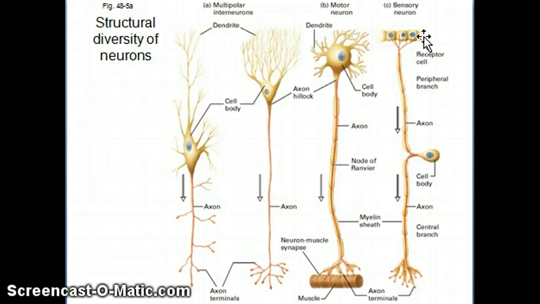And sometimes they'll actually even just have one dendron there to receive a signal so that we get a very specific signal from that sensory neuron. And you'll see in this case the cell looks quite a bit different from a motor neuron because we actually have the axon come off from the receptor portion, and then the cell body is found somewhere in the middle. And then we have the axon continue, and then again we have our terminal area here, synaptic or axon terminal.